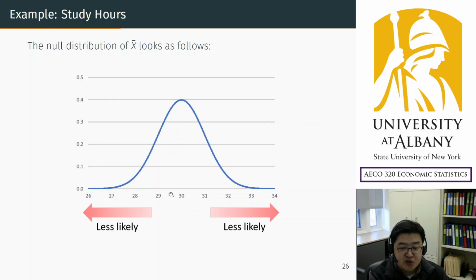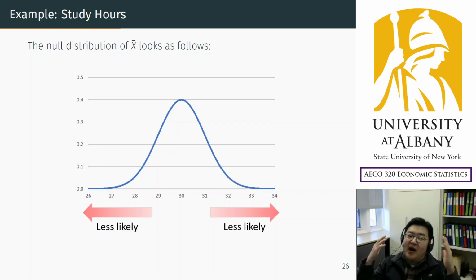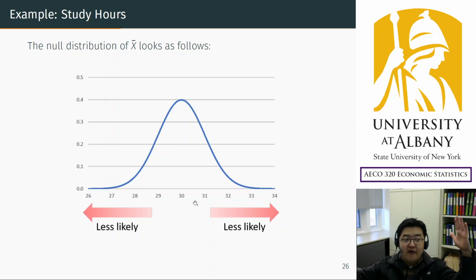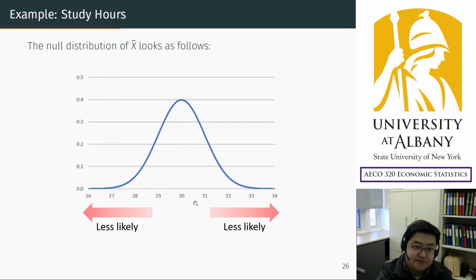So if I observe 30, if the survey results gave me a sample average of 30, that means my hypothesis is obviously true, right? Very strong evidence that my hypothesis is correct. But as it moves away from 30, then my hypothesis is more questionable. That is the idea. So we are going to calculate ranking from the outside in.